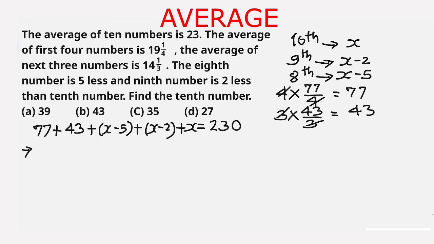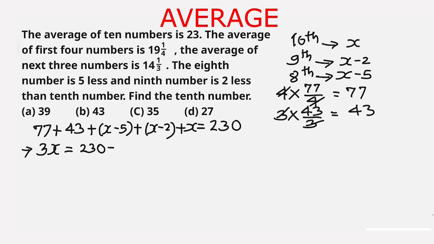Now we solve x minus 5 and x minus 2 and x. So this will be 3x. This is equal to 230. The sum of 77 and 43 is 120. So we transfer it towards the right hand side.